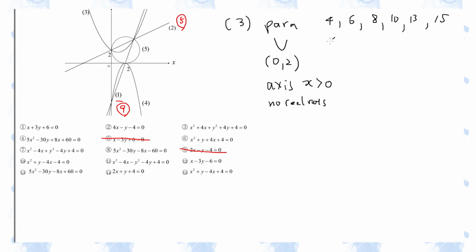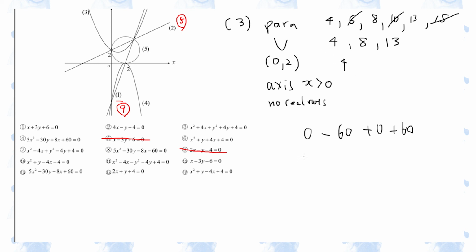And 4 is concave up, 6 is down, 8 is up, 10 is down, 13 is up, 15 is down. So let's substitute these values into number 4. 0 minus 60 plus 0 plus 60. So 4 satisfies this condition.